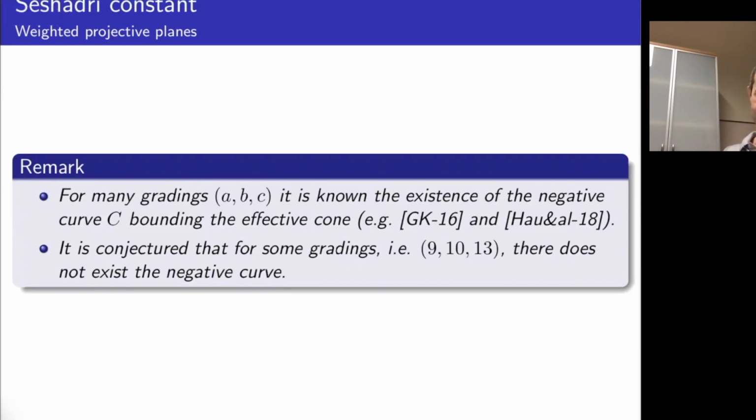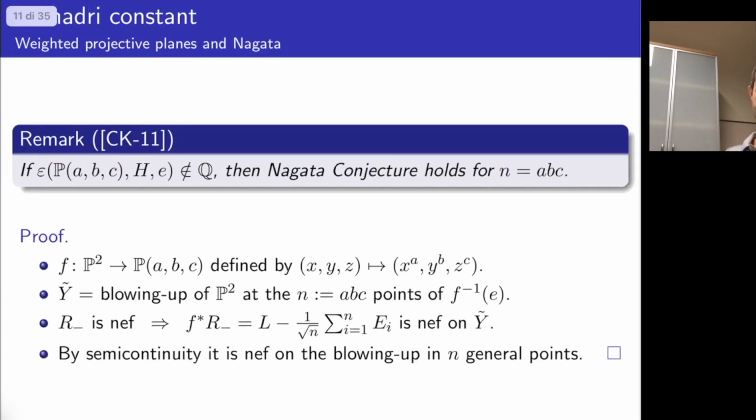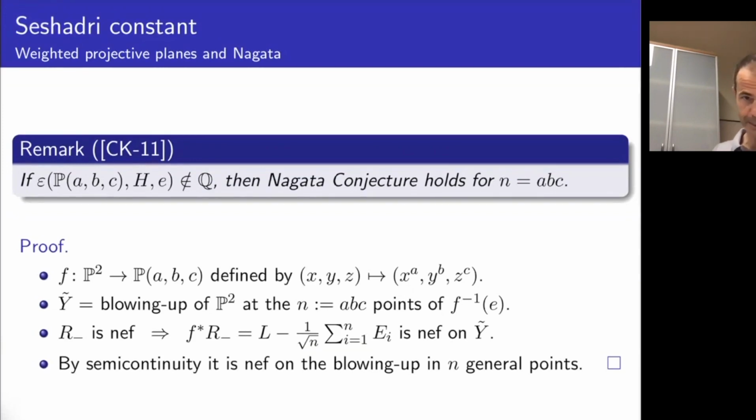In order to conclude the first part, I would like to go back to the previous problem, which is the Nagata conjecture, because there is this remark due to Kuwata and Kurano: if we could show that the Seshadri constant of the weighted projective plane is not rational, which means that it is equal to 1 divided by the square root of ABC, then this would imply that the Nagata conjecture holds for this number of points, the product ABC.